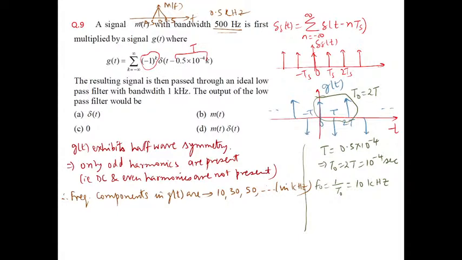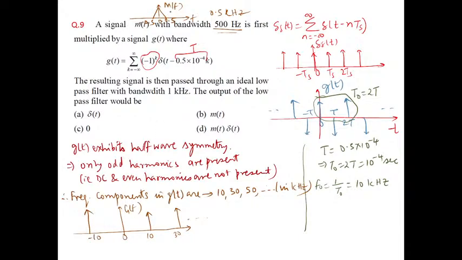So multiplication in the time domain refers to convolution in the frequency domain. So what will happen? Now this is our M(f), and what will be our G(f)? For G(f) we will be having impulse functions at intervals of 10 kHz, 30 kHz, and so on.